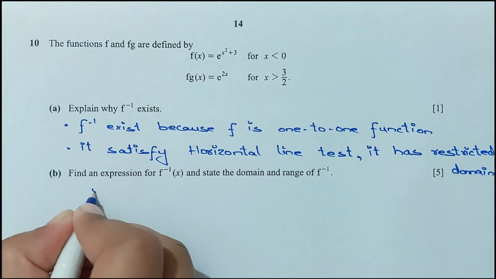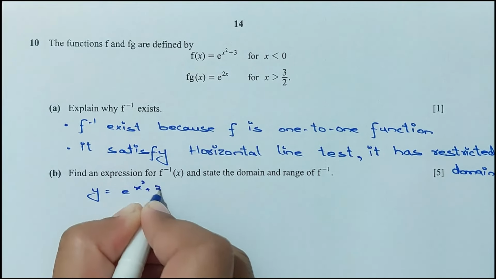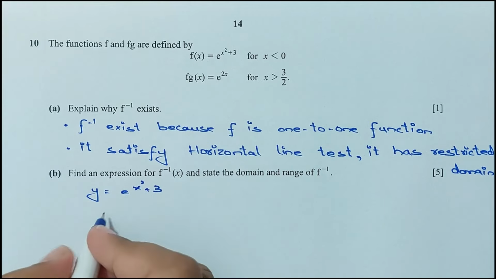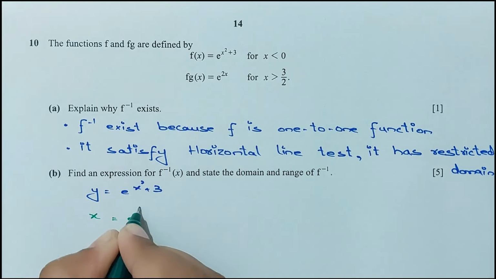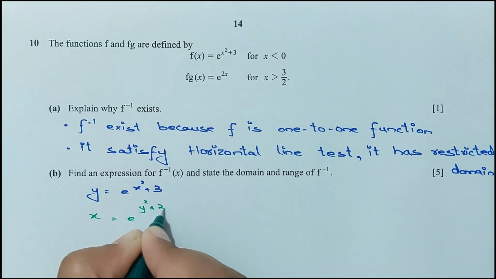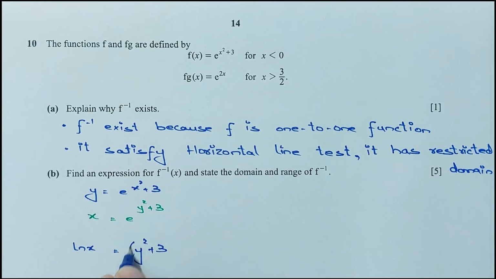Okay, so we have y equals f of x, e to the power x square plus 3. Now replacing the variables, we can say x equals e to the power y square plus 3. Now solve for y. Let me apply the ln on both sides. ln of x equals y square plus 3 times ln of e, and ln of e is just 1.